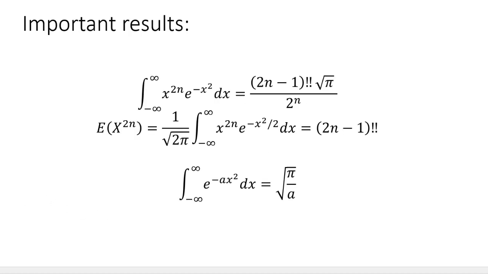And then also we get this result that we initially had. This one actually appears in physics a lot. For example, first we can take this result and multiply both sides by the reciprocal of this and get this.